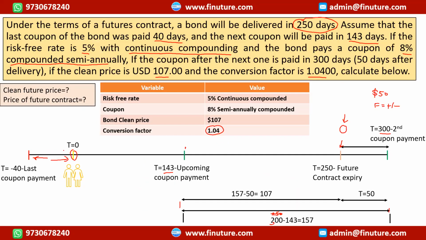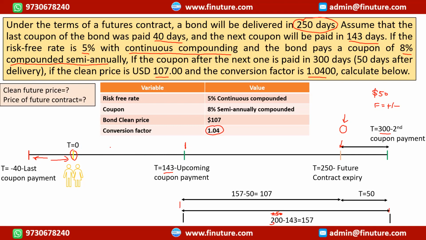So what would be accrual in this time window? See, the next coupon payment will be made here. So it is total 183 days in between. So 40 days today minus 40 and 143 days in future. So total there are 183 days in this coupon window, and you will receive coupon of $4.